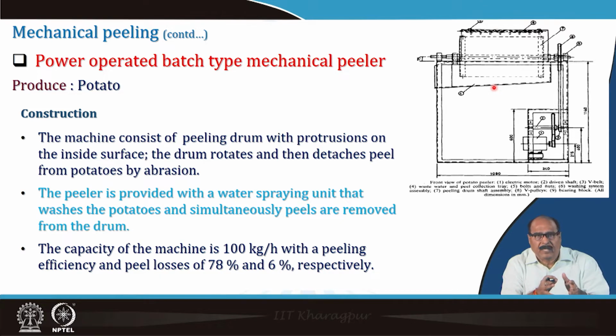The peeler is provided with a warm water spraying unit that washes the potato and simultaneously removes peels from the drum. The capacity of the machine is said to be 100 kg per hour with a peeling efficiency and peel losses of about 78% and 6% respectively.